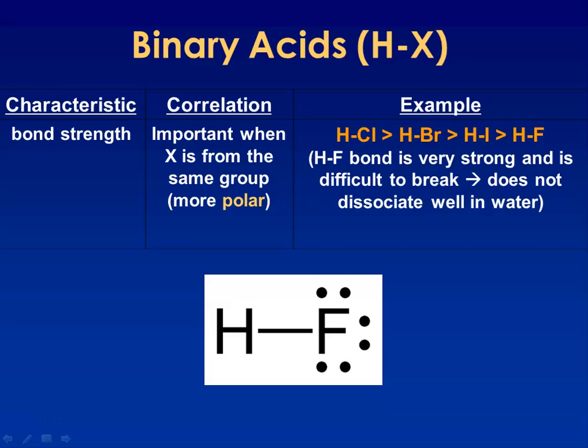So as fluorine is bound and determined to hold on to its electrons, HF is classified as a weak acid, and what we observe when it is added to water is that it only dissociates partially. But the others are going to follow the trend where the more polar the bond, the greater the dissociation. And we would see this with our weak acids as well.